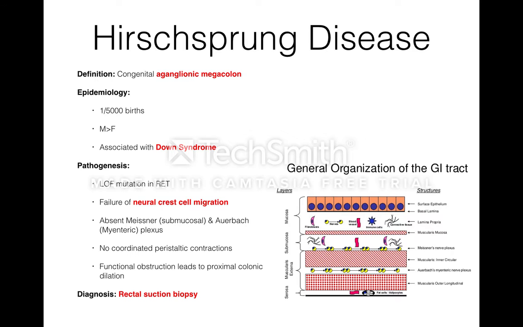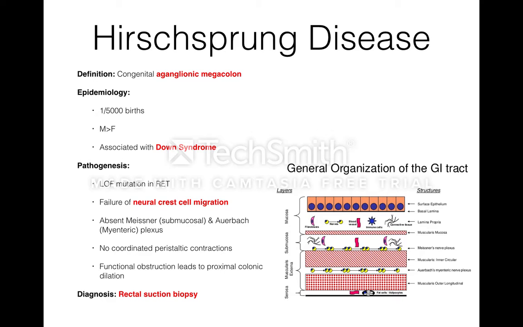As a result, there is an absent Meissner and Auerbach plexi. These are also known as the submucosal and myenteric plexi. Since these are absent, there are no coordinated peristaltic contractions, so you'll get a functional obstruction with proximal colonic dilation.